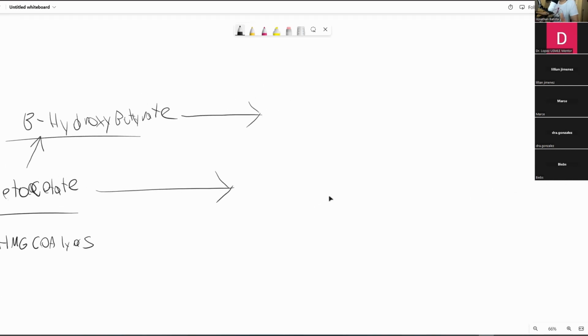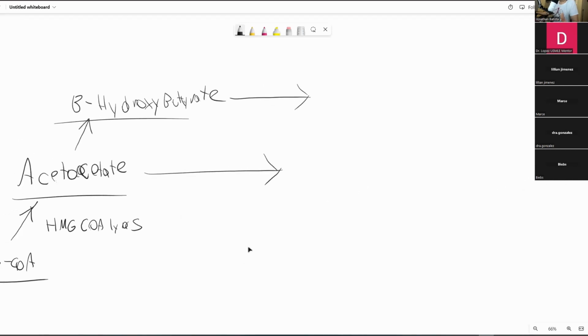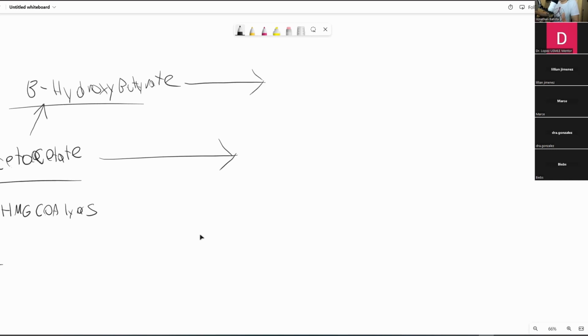Now, there's something that can happen to acetoacetate in the blood. It can undergo decarboxylation. And when there's a decarboxylation reaction, it can turn into something called acetone. The lungs can breathe this out, and that's what gives that fruity smell. They describe it as a fruity smell, but to me, acetone does not smell like fruit.